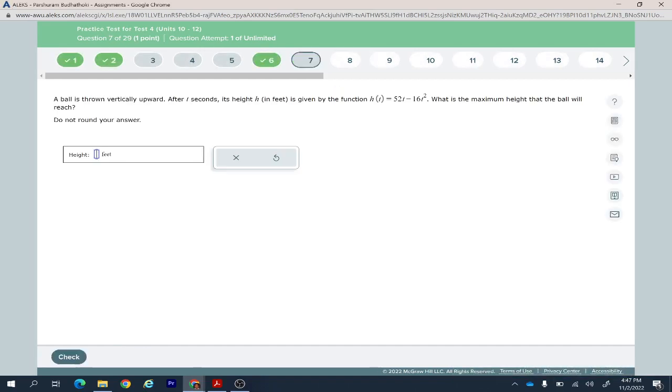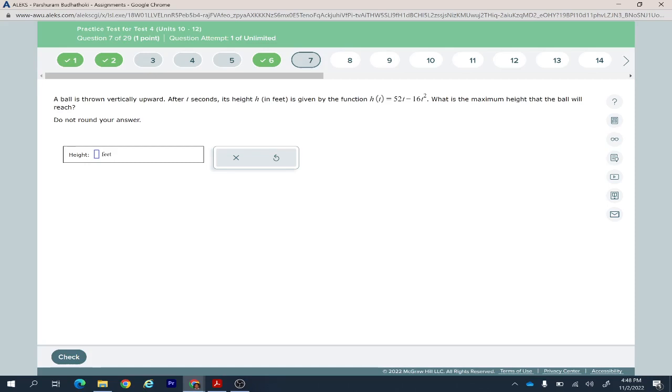A ball is thrown vertically upward. After t seconds, its height is given by this function. Remember, this function is a quadratic function. To answer this question, what is the maximum height? The maximum height can be found at the vertex. So you need to find the vertex of this quadratic function.